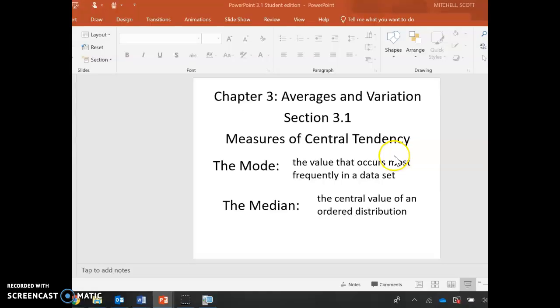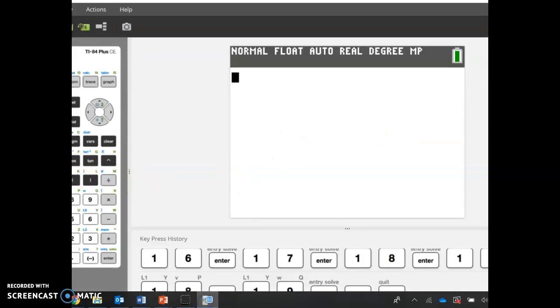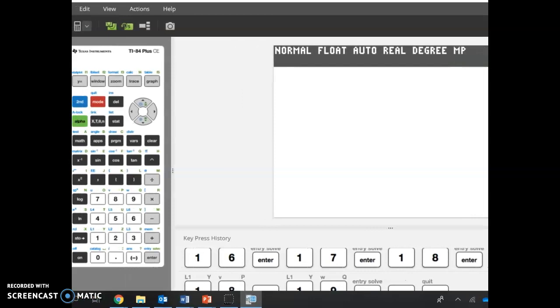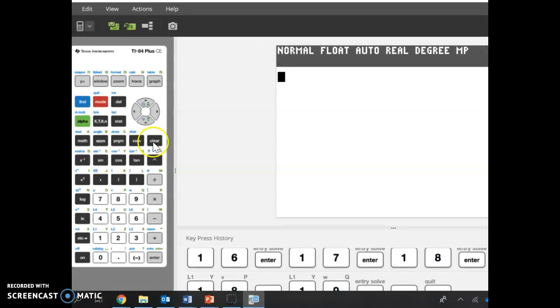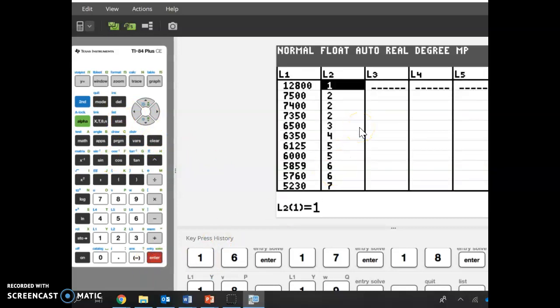All right, so that's the end of the slideshow, but now we're going to take a look at the calculator. So we need to have our calculator ready here. Just bear with me a second as I get the screen here for you. You need to go to Stat, and then you need to go to Edit, and then you need to type in some numbers.